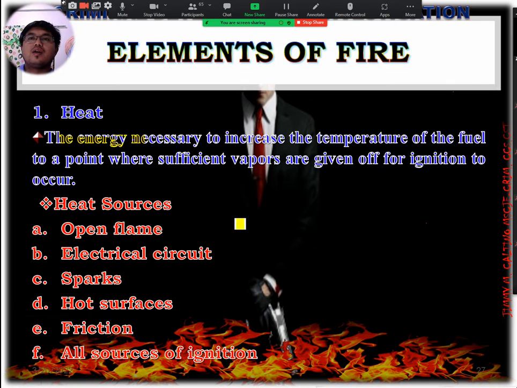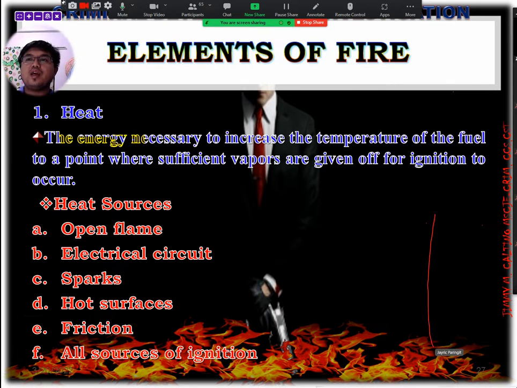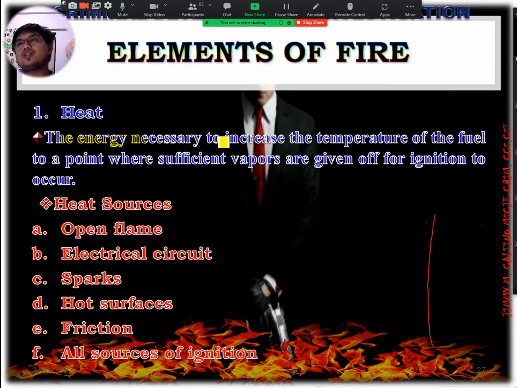Remember, gentlemen and ladies, it is very important that a certain combustible matter must be heated. It is important that the thing you want to burn is heated more and more, because each combustible matter, each thing you want to burn, has a different ignition point.